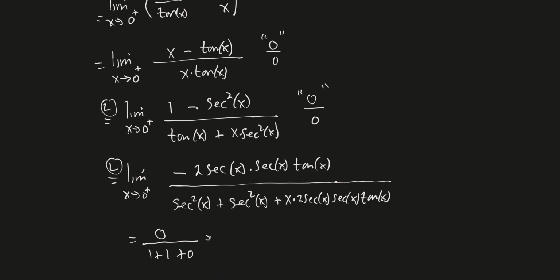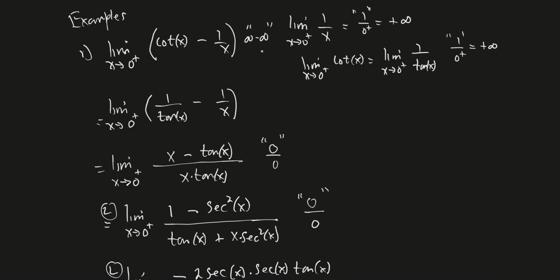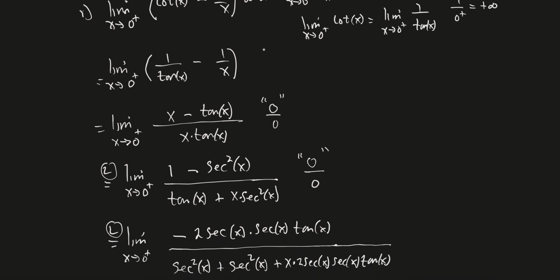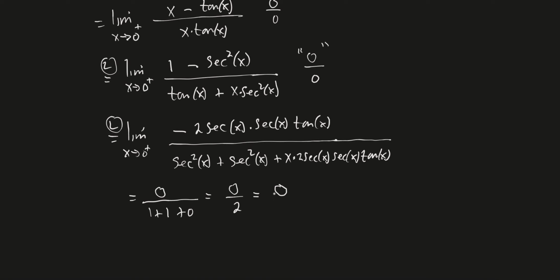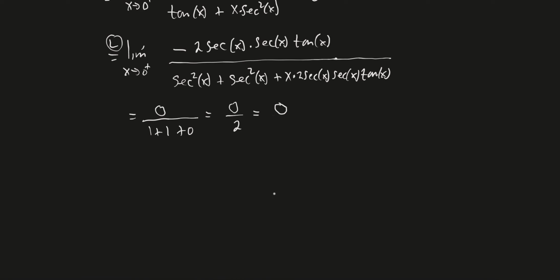You have to be careful with this. We have a 0 in the numerator, but we don't have a 0 in the denominator. We have 0 divided by 2, so in this case the limit comes out to be 0. So here is an indeterminate form where we have infinity minus infinity, and we end up getting 0 as that particular limit.